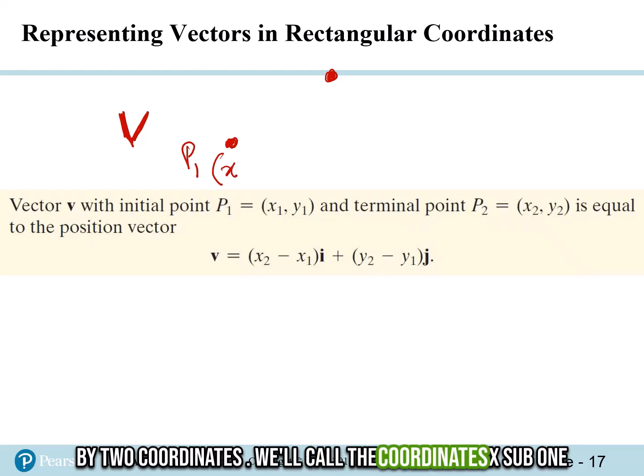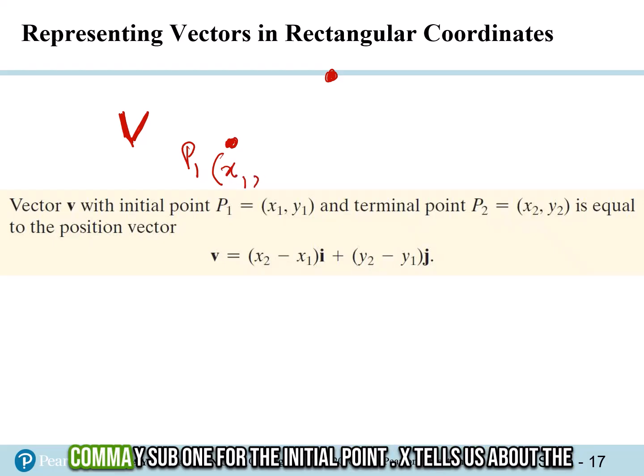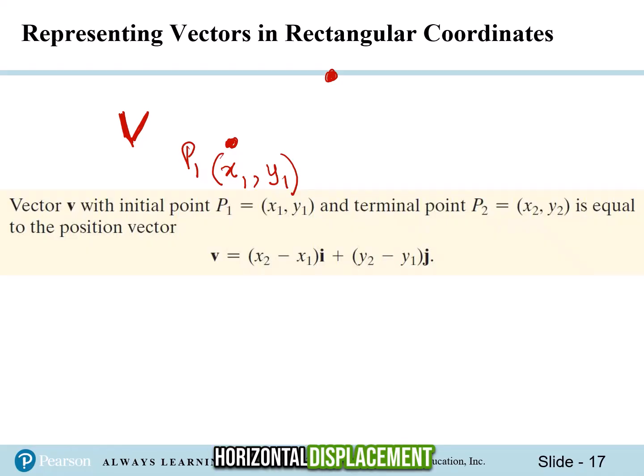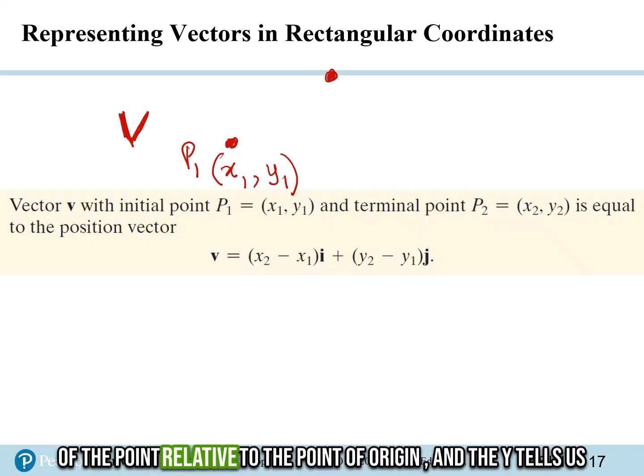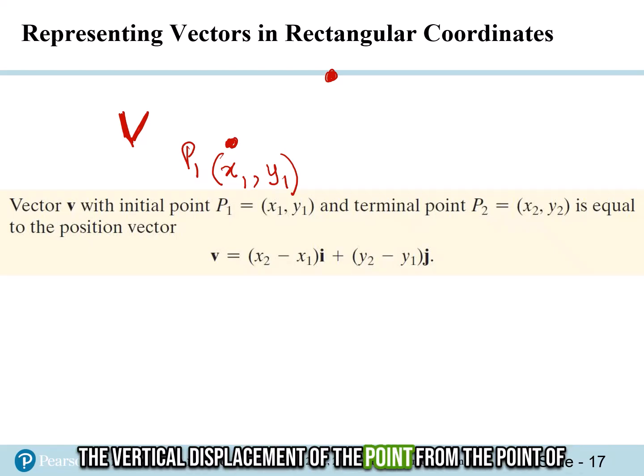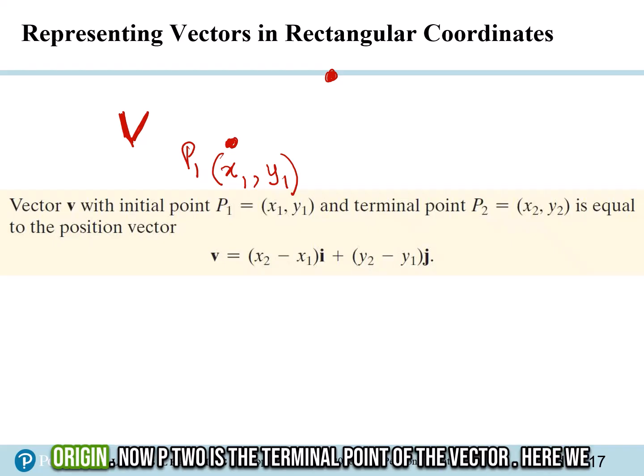We'll call the coordinates x sub 1 comma y sub 1 for the initial point. x tells us about the horizontal displacement of the point relative to the point of origin, and y tells us the vertical displacement of the point from the point of origin.